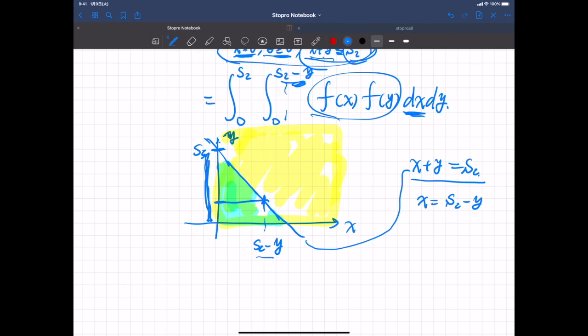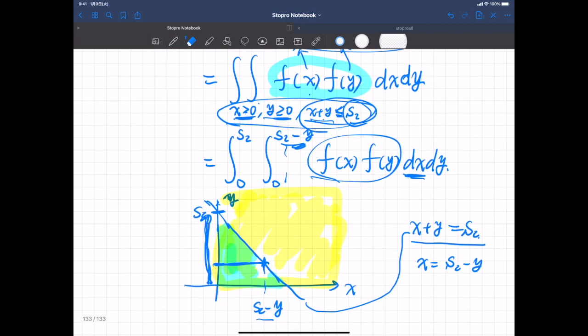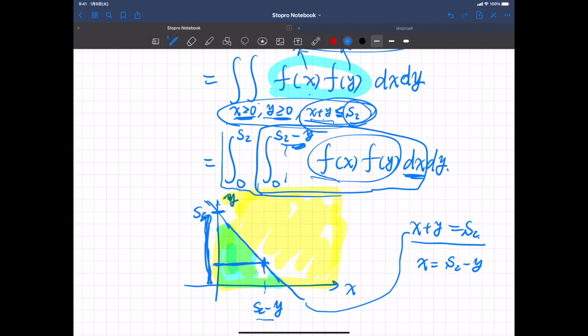For each value of y, we integrate x from 0 to s2 minus y. That's why we have this. So this inner part is the integration over x, and this outer integral is the integration over y.